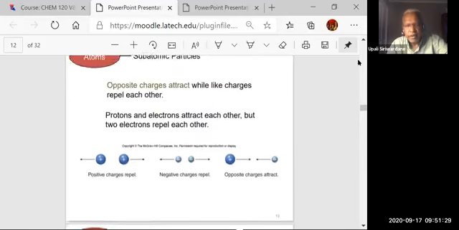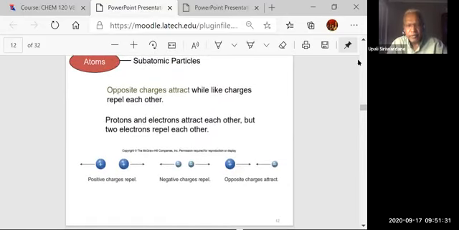Now, subatomic particles are kept together mainly by electrostatic forces. Positive charges repel positive charges. Electrons repel electrons. Electrons are attracted by protons. But there's a question: how are neutrons and protons kept together in the nucleus?